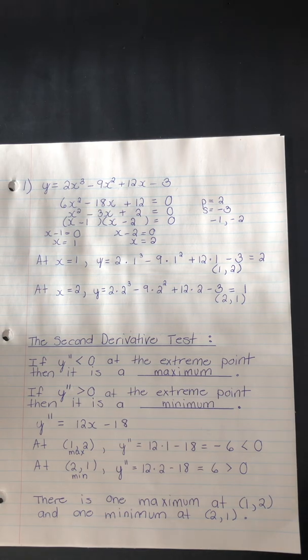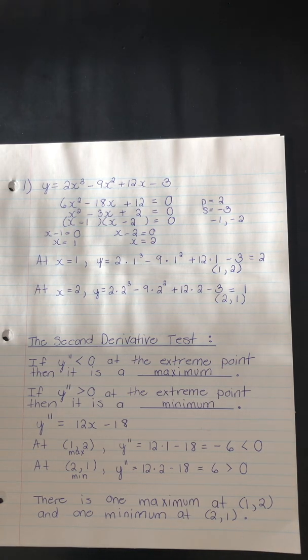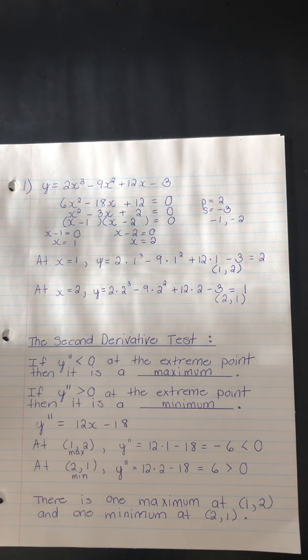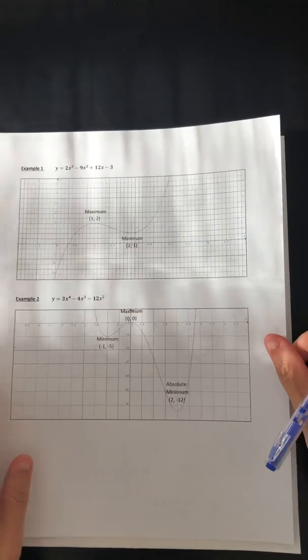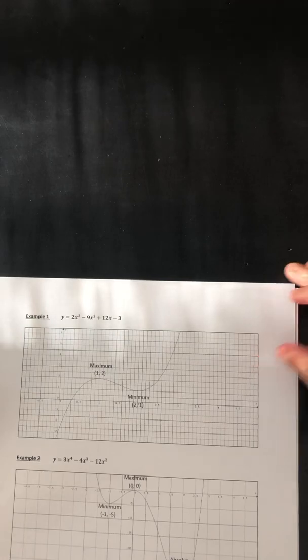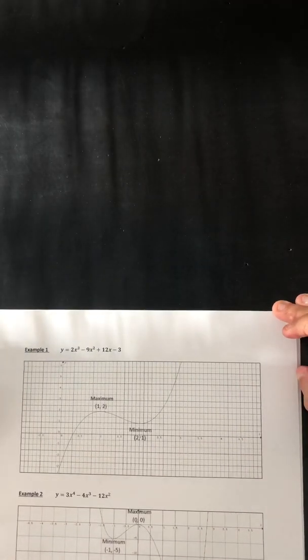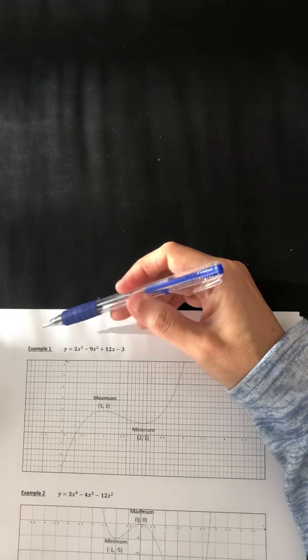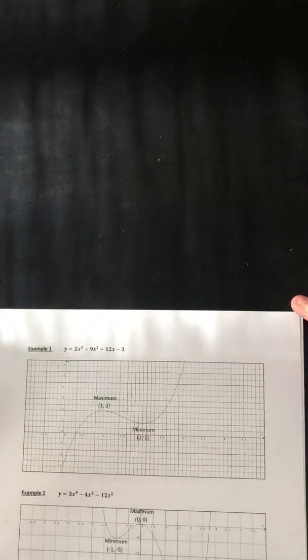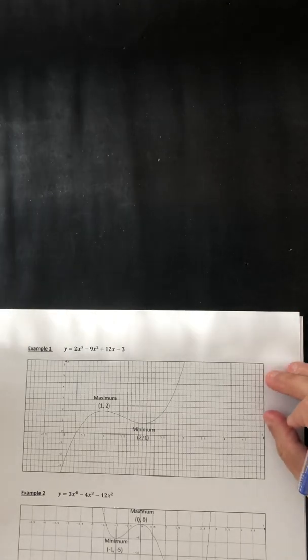Okay, so we've got all our calculus done. We're sure about our findings, and now I want to show you the graph that corresponds to this example. Okay, so we are going to look at the top graph here together. So this is a graph of y equals 2x cubed minus 9x squared plus 12x minus 3. It's the example we just completed together. Take a look at this graph for a moment.